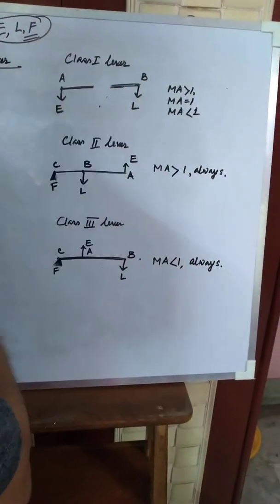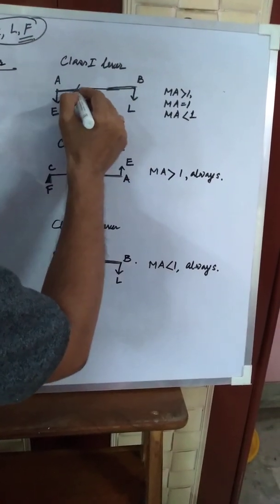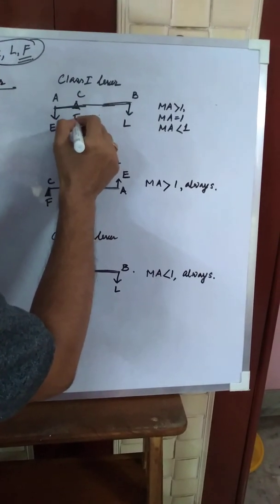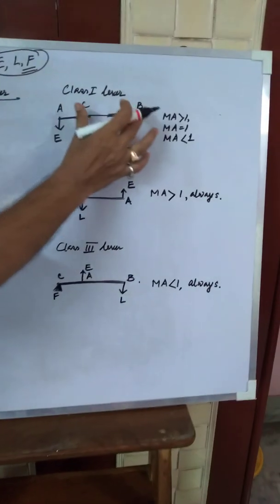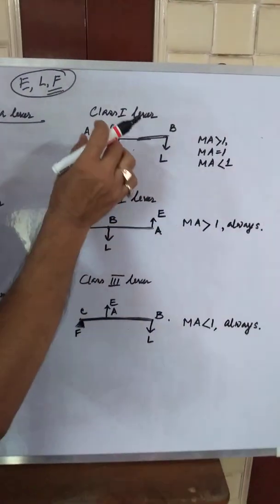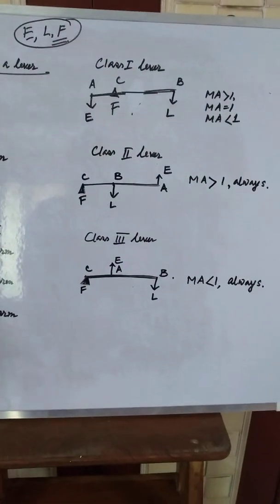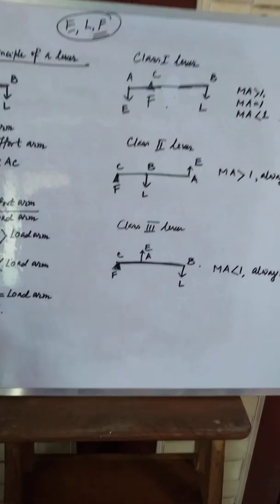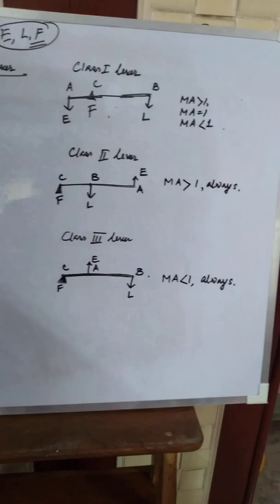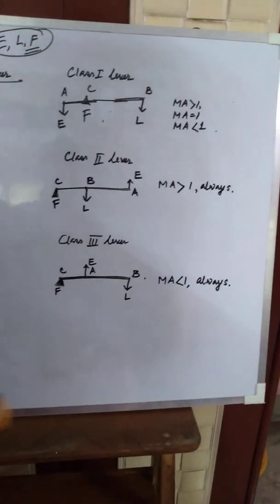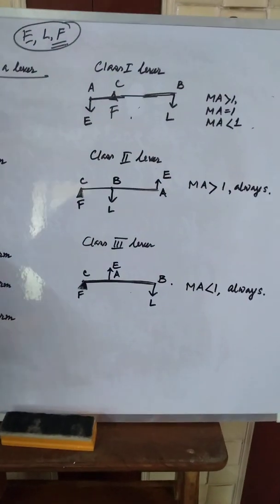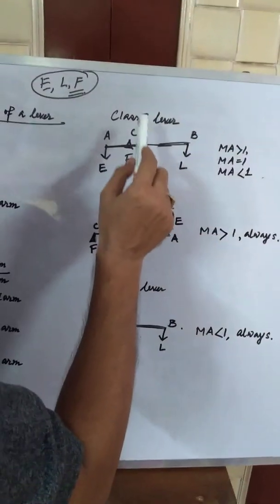Now consider if I place the fulcrum near the effort, then the load arm is greater than the effort arm, that means the effort arm is shorter than the load arm, then the mechanical advantage is less than 1. So in a class 1 lever, it depends on the position of the fulcrum. It is situated in between effort and load. But if it is situated just at the middle, the mechanical advantage is 1.